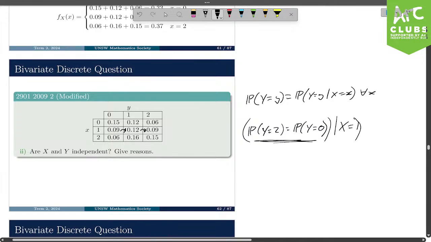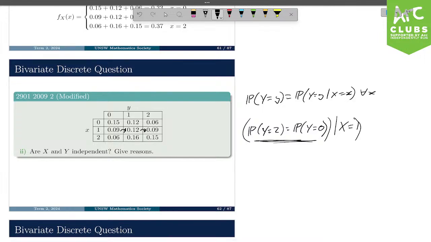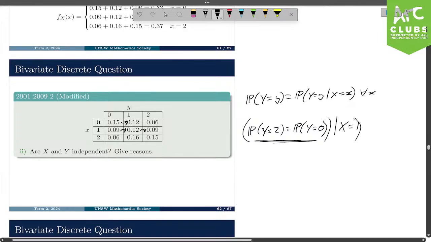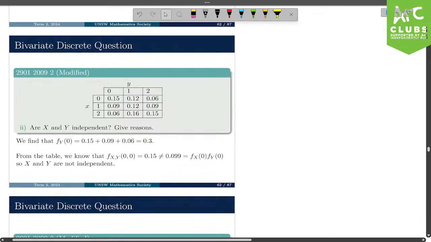This should always be a fact if they are independent. However, it turns out they are not independent because I cannot see the same correlation between them. Essentially, what I just said.